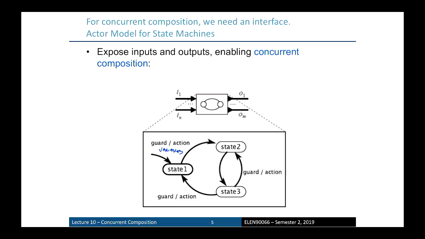It maps functions of inputs to outputs. So this is going to be the function inside here, the actual FSM. We're pulling all the inputs out now, having them exposed, and all the outputs, having them exposed as well.